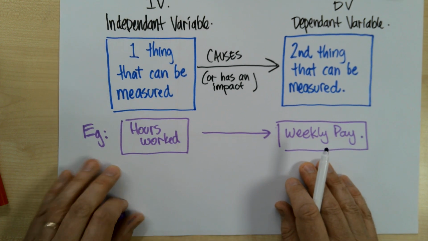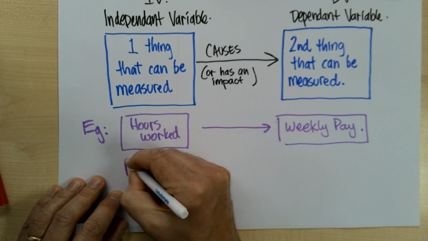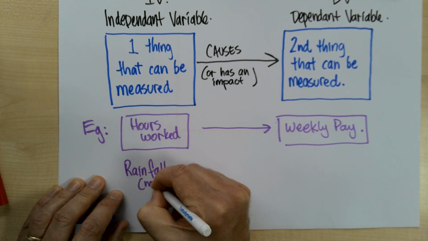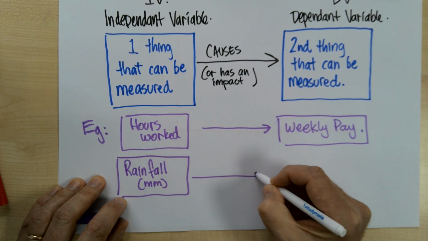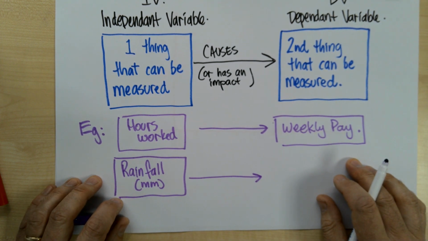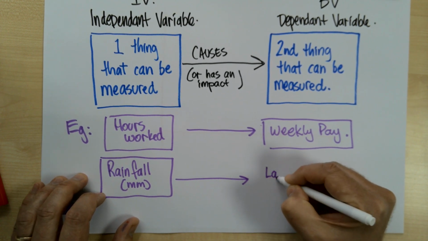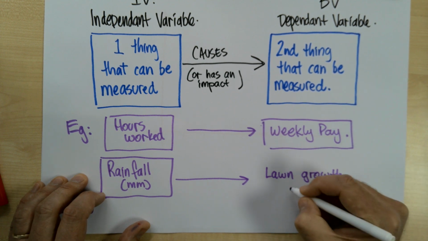Let's look at another example. Rainfall. Let's say you've got millimeters of rainfall. If you've got a lawn, the rainfall causes the lawn growth. Now, it's not the only thing that causes that.